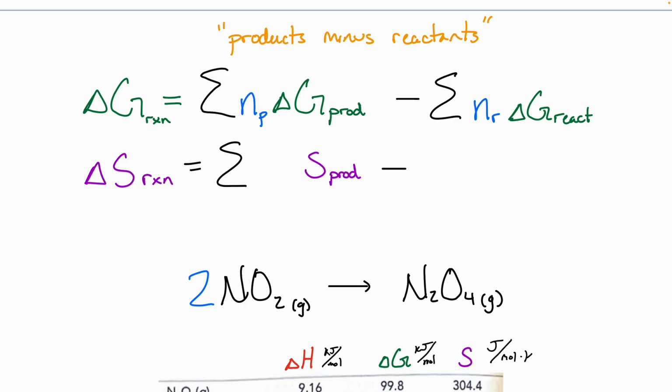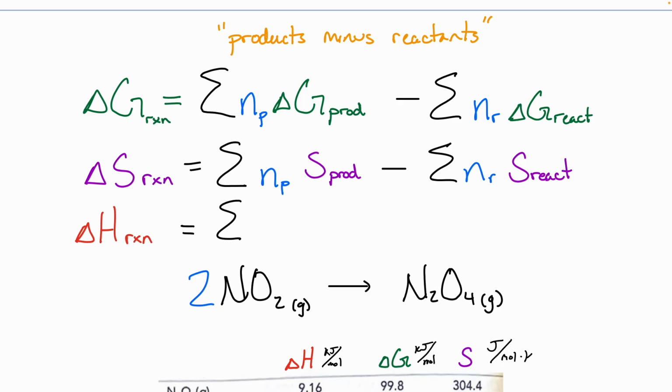Multiply, sum them all up, multiplied by their stoichiometric coefficients. Products minus reactants. Same with my delta H for my reaction. All right, sum up all my products minus my reactants.